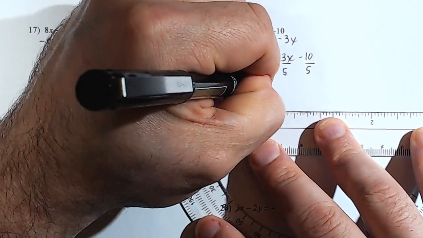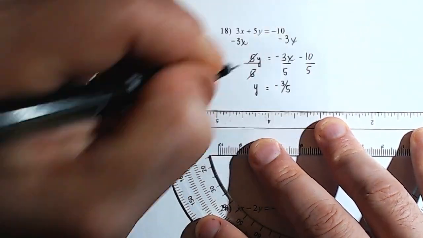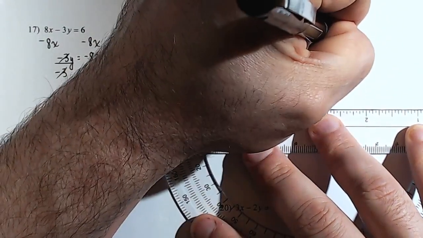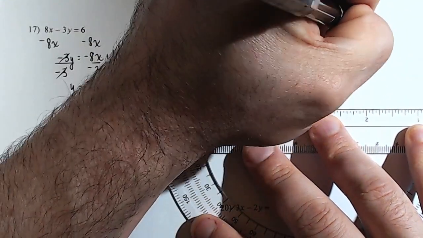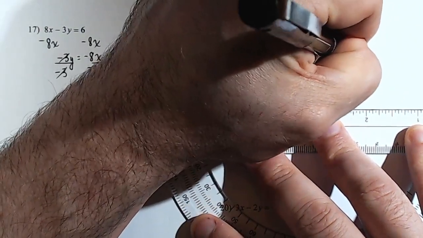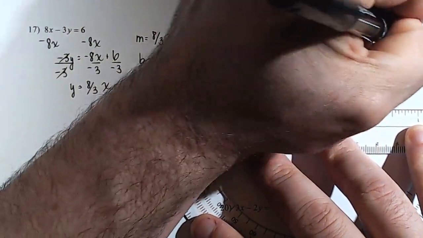Cancel, cancel. We get y equals negative 3/5 x minus 2, negative 10 over 5. So m equals negative 3/5 and b equals negative 2, which can be plotted as (0, negative 2).